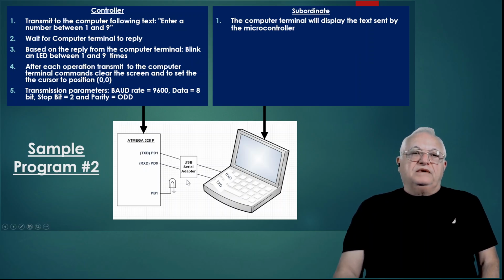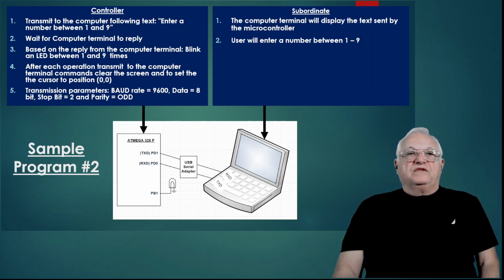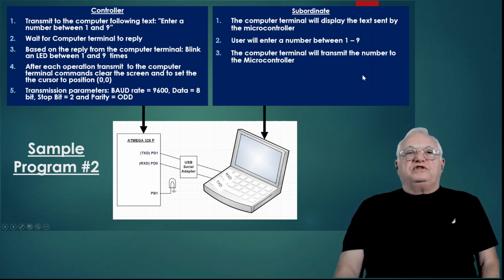So this laptop displays the menu, but really it's not doing anything, just doing whatever the microcontroller wants. The user will enter a number between 1 and 9. The computer terminal will transmit the number to the microcontroller.